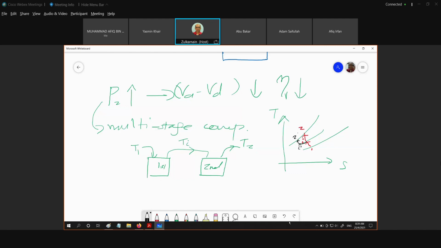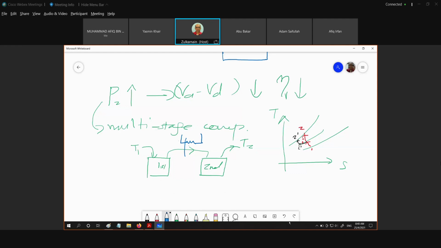Jadi kalau kita bandingkan I prime to 2 prime, bandingkan I to 2, kerja masukan pada I prime to 2 prime is much less than comparing to I to 2. Jadi apa kita buat dekat sini? Kita akan incorporate apa yang dikatakan sebagai kita punya intercooler. Kita ada intercooler.